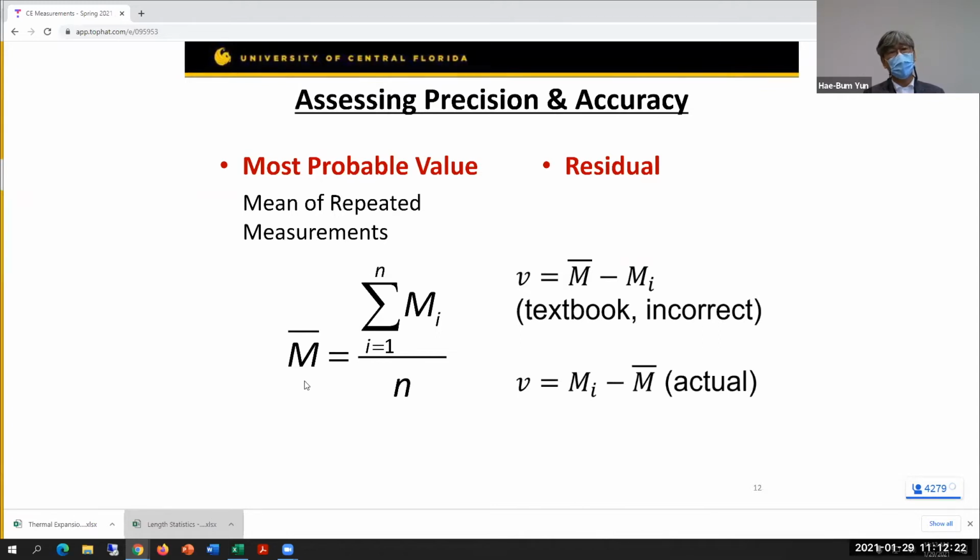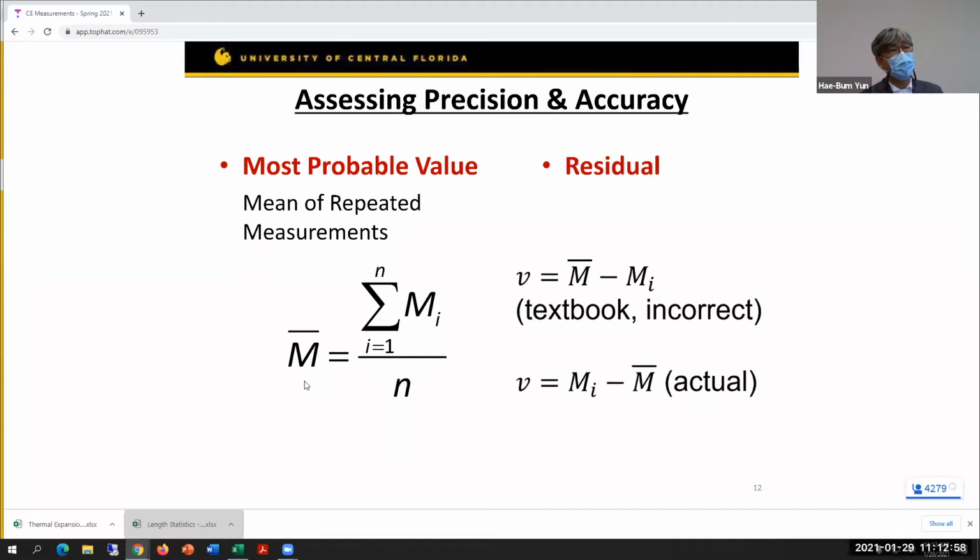Although we don't know the true value, what is the best way to determine a quantity close to the true quantity? We already know, which is to find the average, right? More precisely, it is called the sample mean, okay?